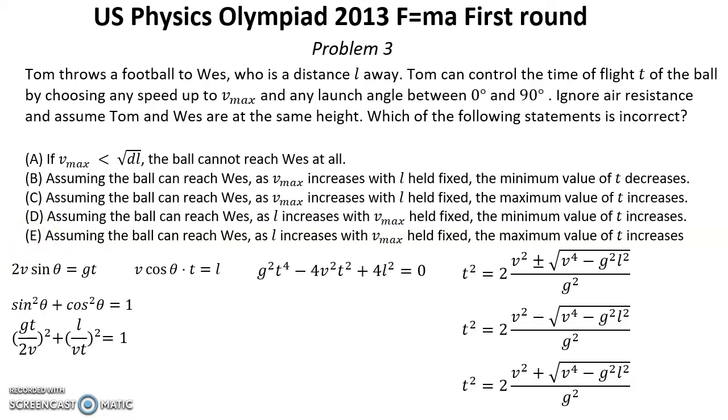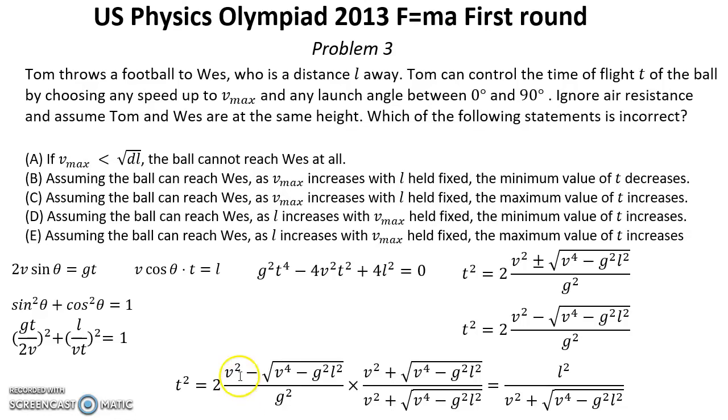Now let's take a look at B and C. For maximum time, if we fix length and increase maximum speed, the time will increase, which is correct for answer C. It means that this is not the answer.